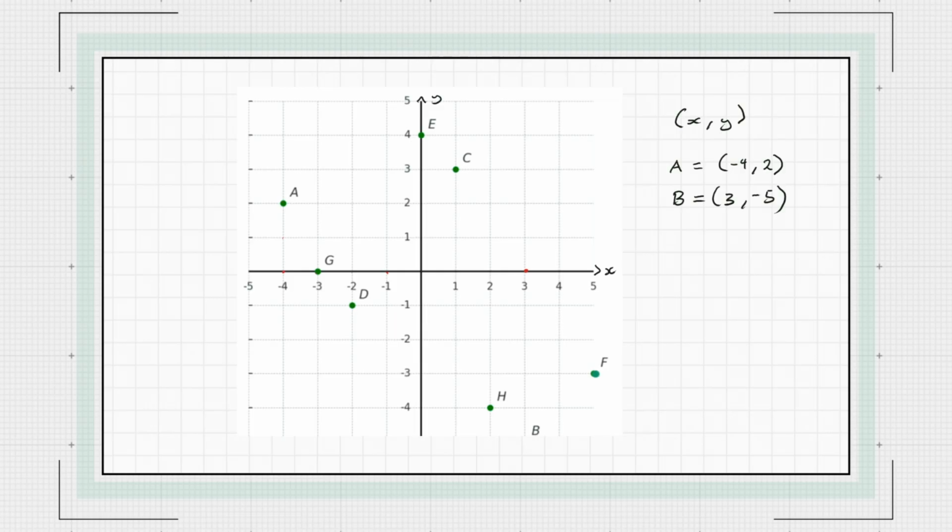Alright, let's look at C. Here we go, C. So C, we've traveled across 1. So our x-coordinate for C is 1. And our y-coordinate is going to be 3.